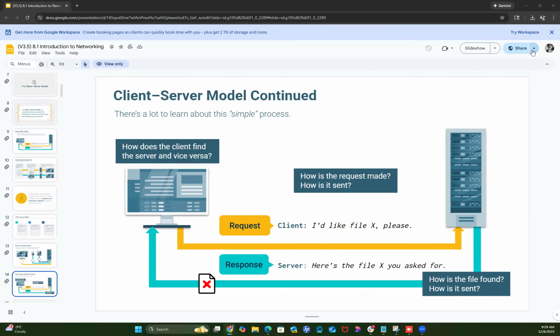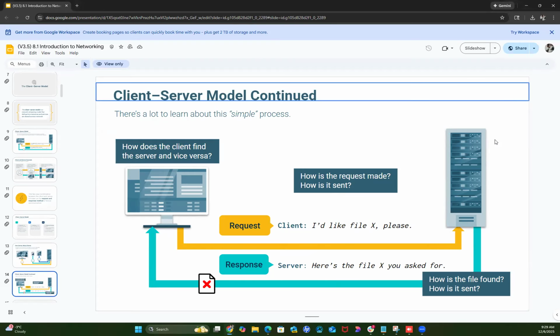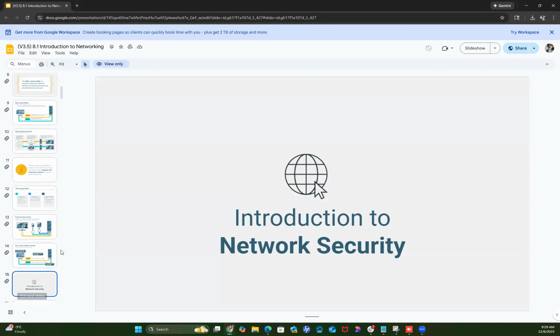This is the response message, saying there is no file. So one is the request, another is the response, and another is the response message. You must understand this, it is very, very important.